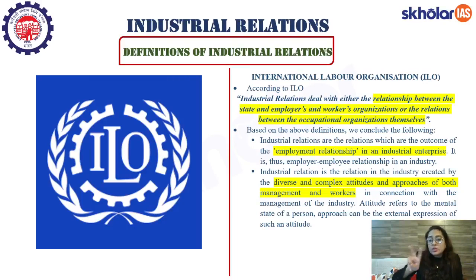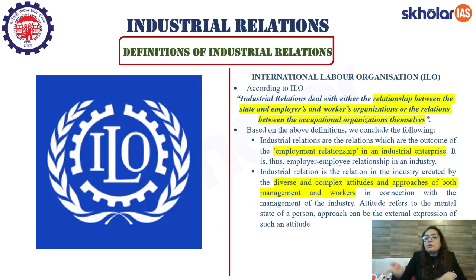They have made two distinctions between the relationships that are there in an industry. One is the state, employer and worker relation. Basically, what a state is doing, what an employer is doing, and how the worker is getting managed. This is the three-way relationship that the ILO talks about.